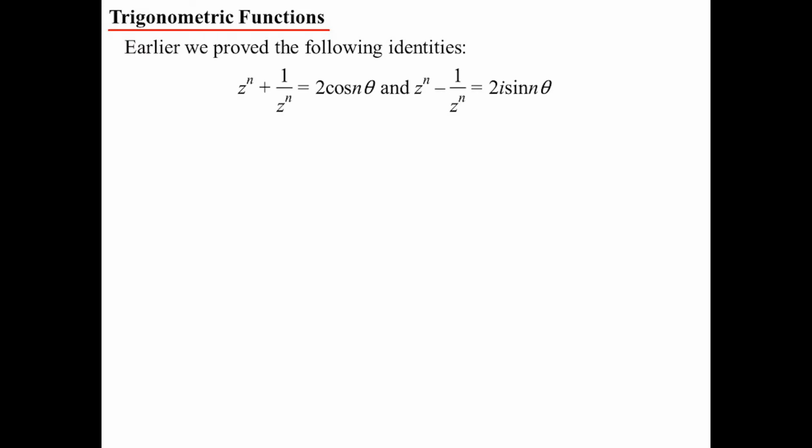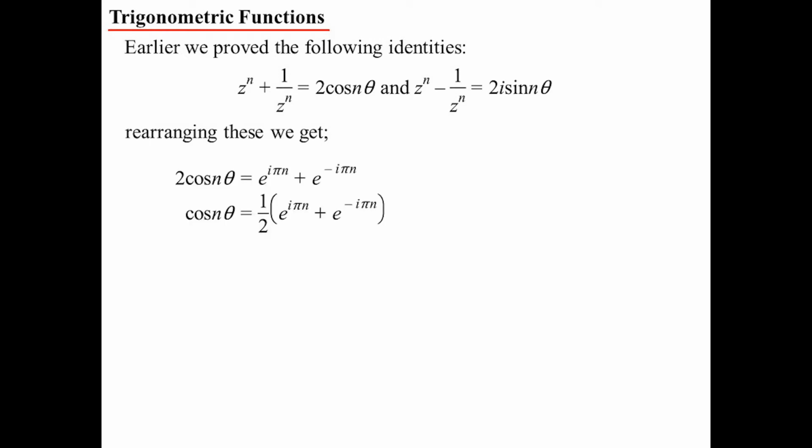Trig functions then. So we can use it to prove identities. Remember these ones? We looked at it the other day. z to the n plus 1 on z to the n we showed was always 2 cos nθ, and then the difference between the two was always 2i sin nθ. If I rearrange those, I get that 2 cos nθ is z to the power of n, which now I'm writing in exponential form, e to the iθn plus e to the minus iθn.